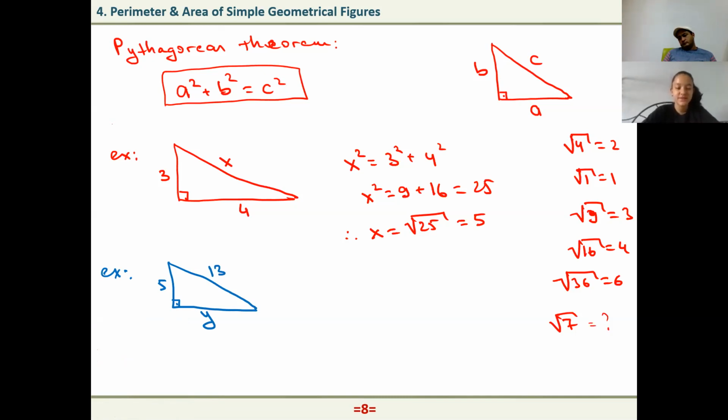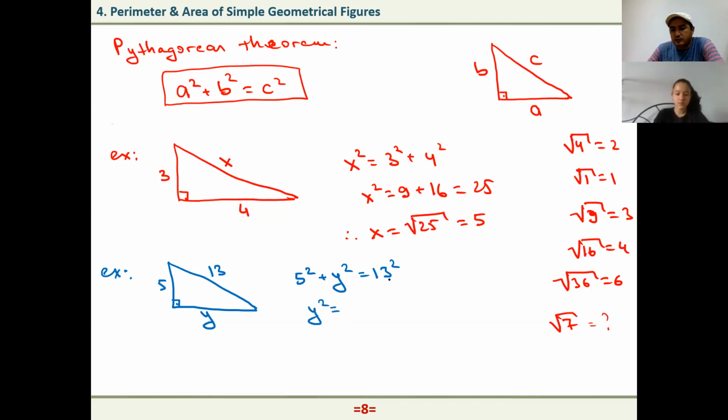First, you need to write the equation, right, Shahina? These are the shorter sides. That is the hypotenuse. Then we have this equation, 5 squared plus y squared equals 13 squared. So we know how to solve the equation. Keep the unknown on the left-hand side and take numbers to the right-hand side. So here we have y squared.